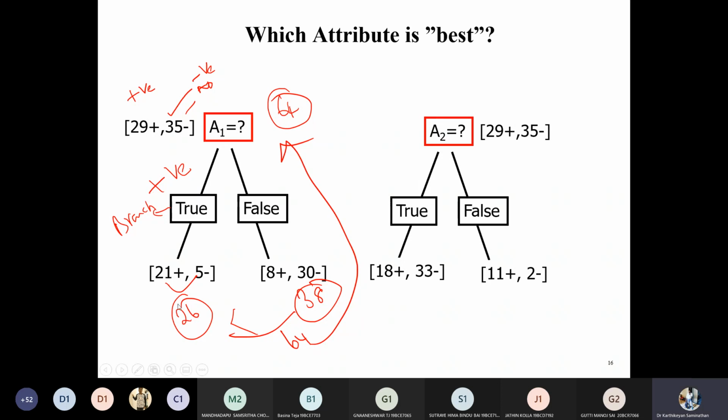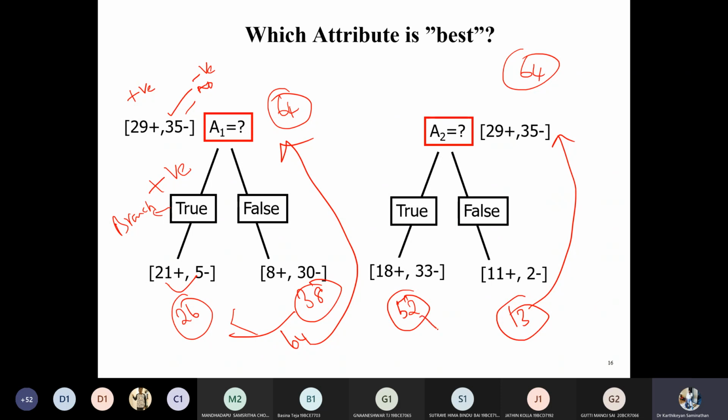So A1 you have here 26 and 38, totaling 64, whereas in the same scenario the other test case is different: 18 plus 33 and 13, so 52 and 13, totally 64. Whether 26 and 38 is the best classifier or 58 and 13 positive and negative samples is the best classifier, that you should identify with the decision tree algorithm. So you will get a question like this only.